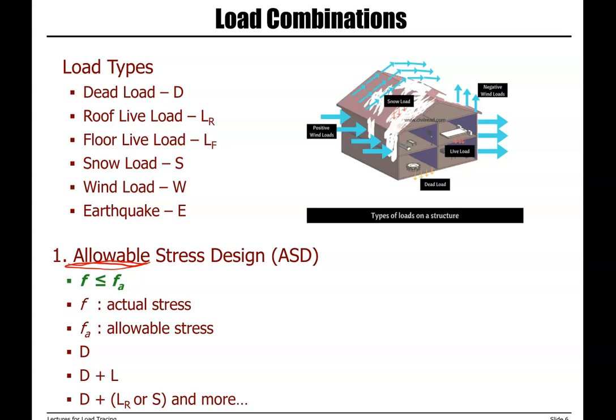It means that the actual stress in an element, in a beam, in a column, in our foundation should be less than or equal to allowable stress, which we calculate using properties of materials.